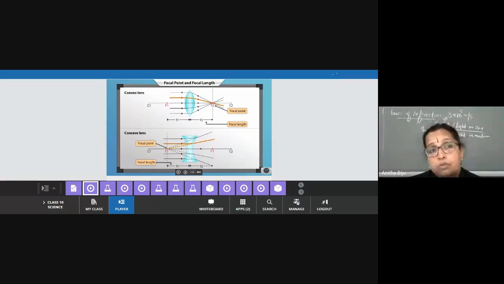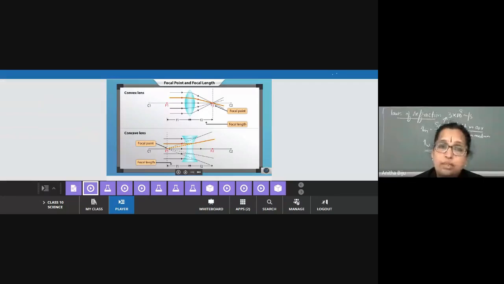It appears to meet at the focal point on the same side, not on the other side. Therefore, a concave lens is also called a diverging lens. So these terms are important: why a convex lens is called a converging lens and a concave lens is called a diverging lens.